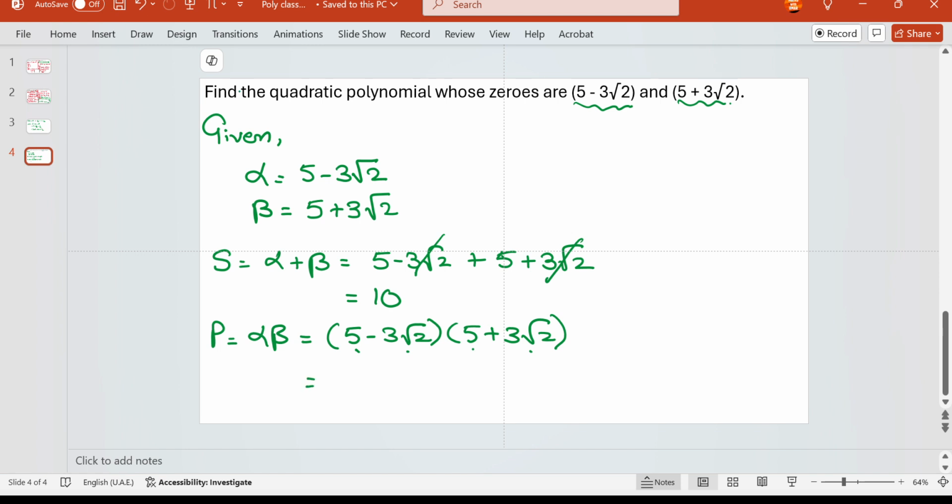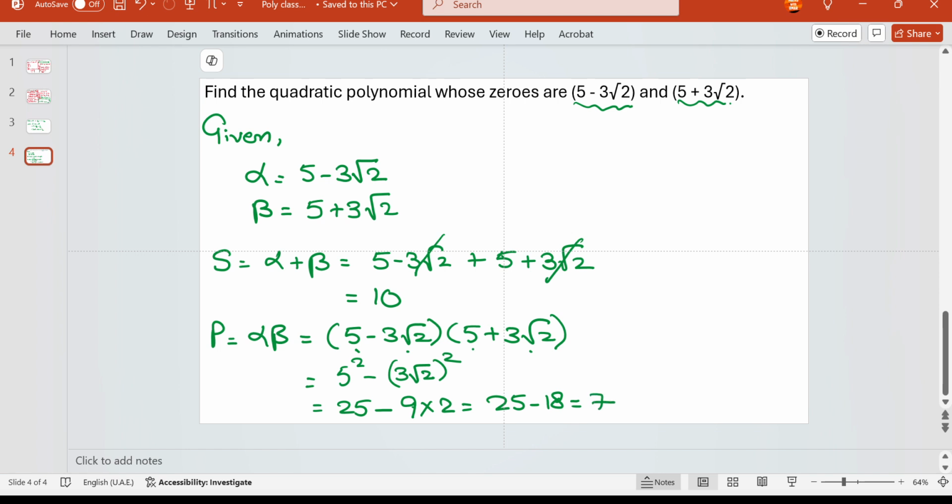So that is a minus b into a plus b, so it can be written as 5 square minus (3 root 2) whole square, that is equal to 25 minus 9 multiplied by 2, that is 25 minus 18, equal to 7.